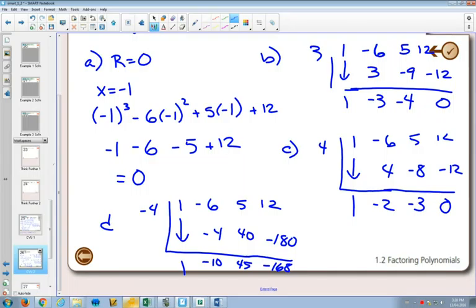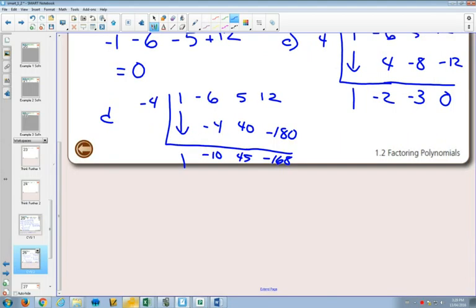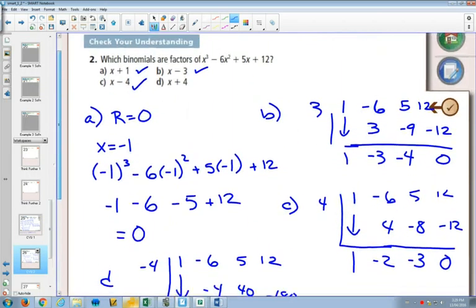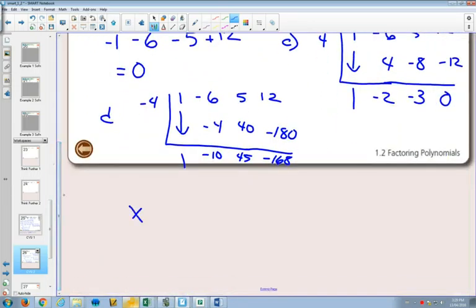What's really cool about the fact that we found 3 factors is with an x cubed equation, which this one is, x cubed minus 6x squared plus 5x plus 12. With an x squared equation, you can get at most 2 factors.